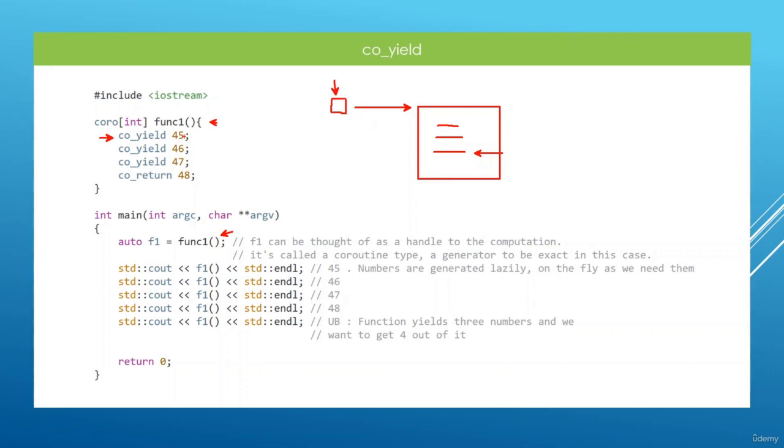So we're going to pause and return this 45, and we can use it if we need that in our C++ program. Now, this coroutine here is going to be set up in a way that we can call it as a function. So for example, if we call f1 here, we'll get our 45 printed out as a result of the pausing that we did.